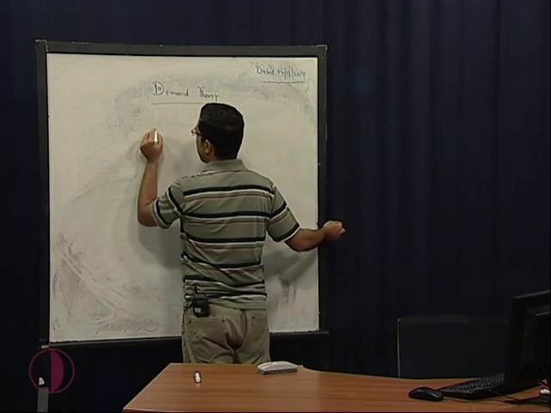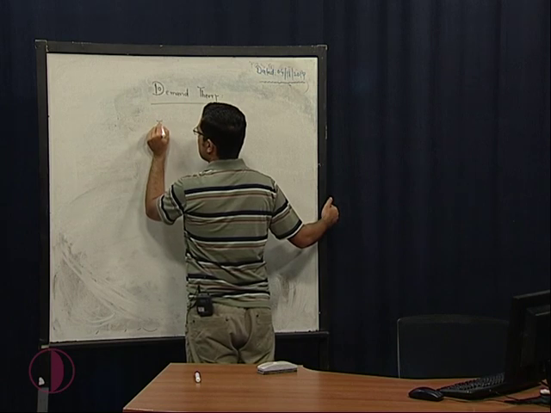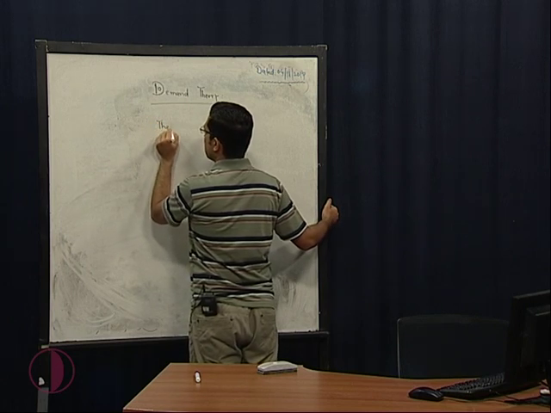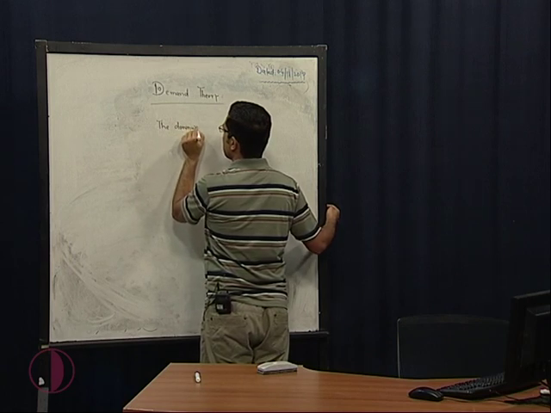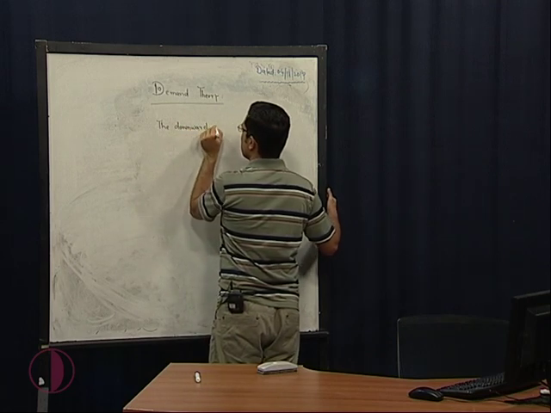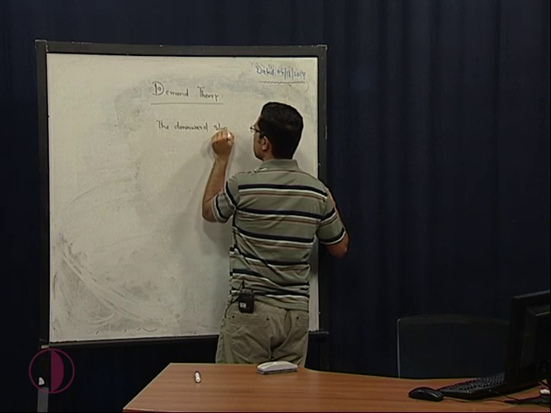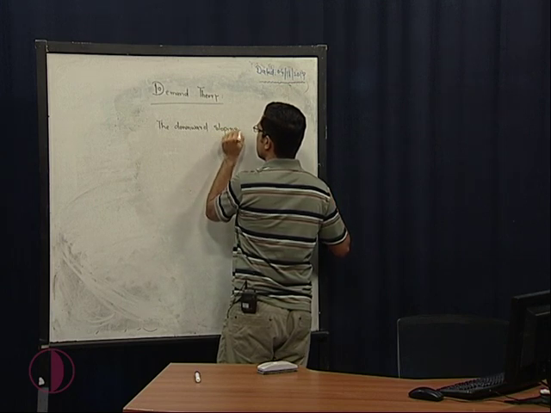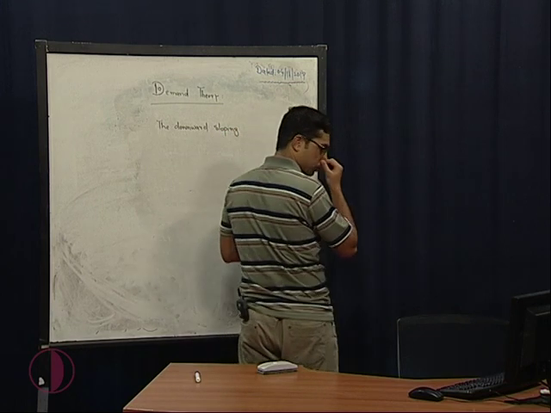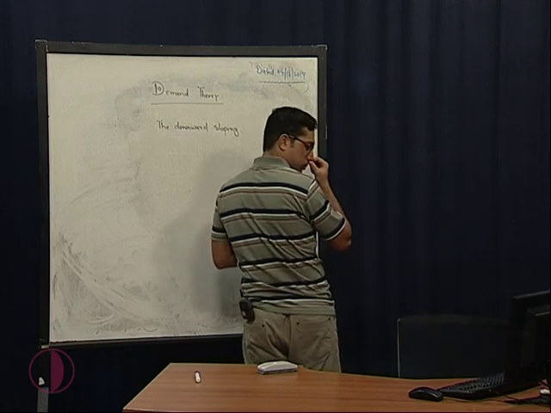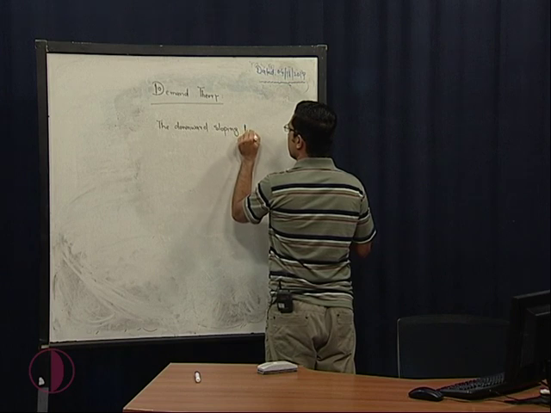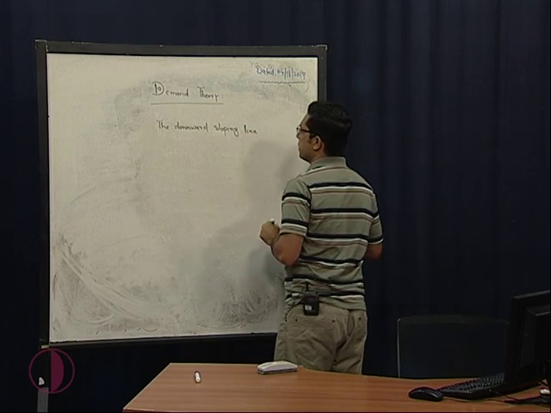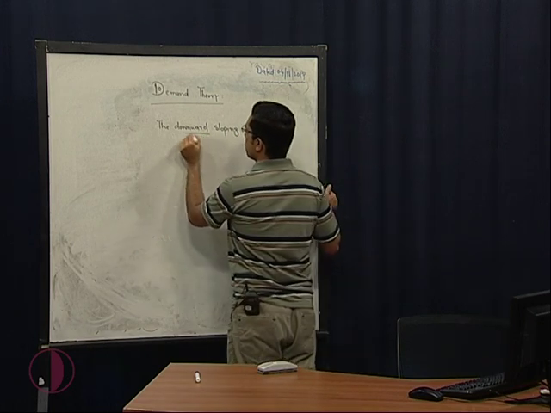So, the demand curve will be a downward sloping line.